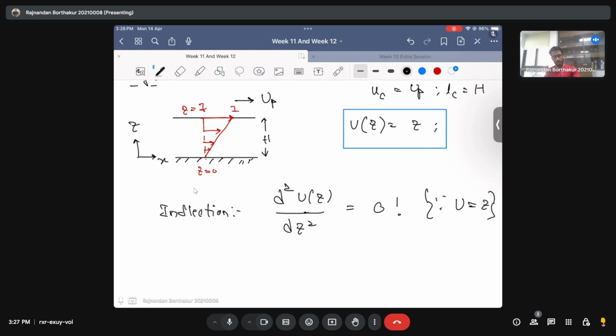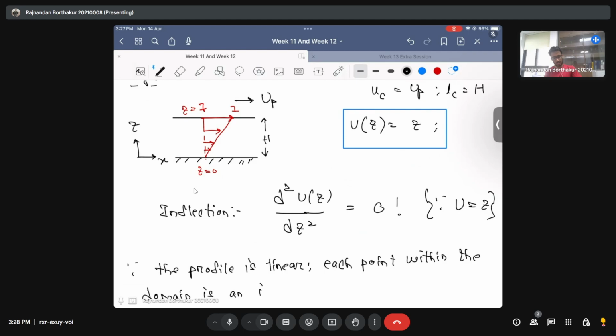Since it's a linear velocity profile, each point within the domain is an inflection point. This is something that you can infer. Okay. So since the profile is linear, you can say that each point within the domain is an inflection point.